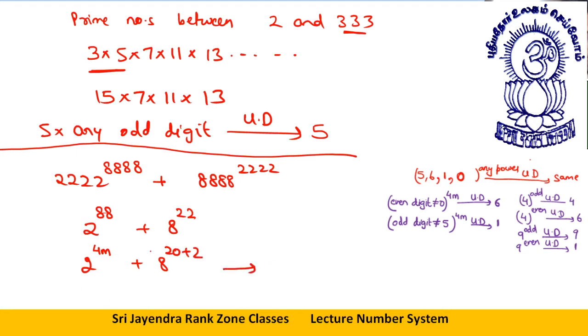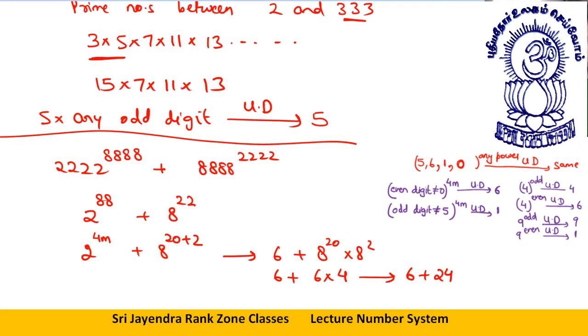I will write this as 2 raised to power 4 multiple, which will give me 6, plus 8 raised to power 20 into 8 raised to power 2. It will become 6 plus, even digit raised to a multiple of 4 will give me 6, into 64, which is 4. So that will be 6 plus 24, that will give me 30. So my unit digit will be 0. I'm sure it must be clear to all of you.